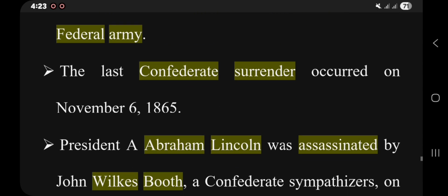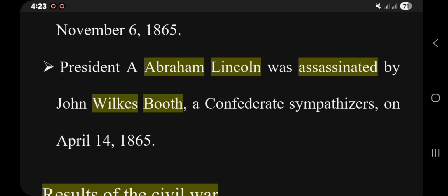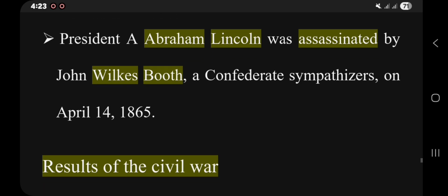The last Confederate surrender occurred on November 6, 1865. President Abraham Lincoln was assassinated by John Wilkes Booth, a Confederate sympathizer, on April 14, 1865, which means within 5 days after the Southerners were defeated.